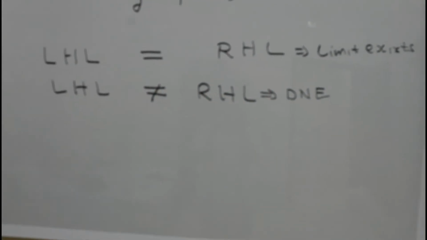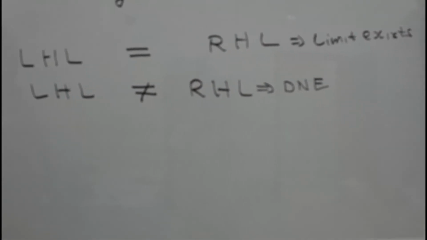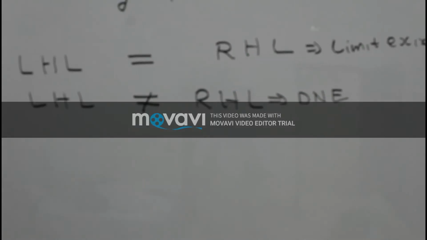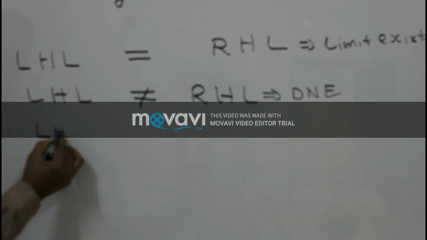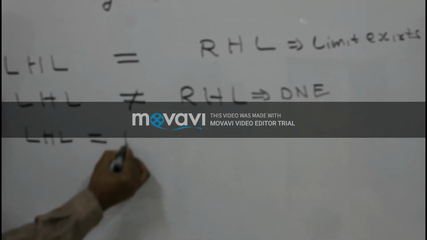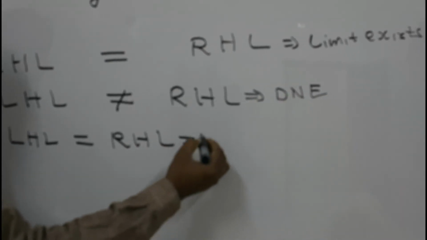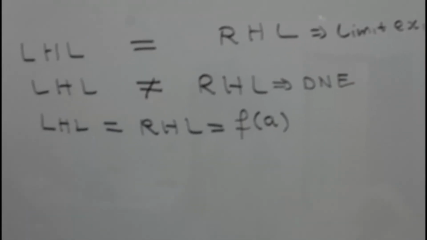Then we will go to an example to evaluate the limits. One more rule is there: left hand limit equals right hand limit equals the functional value, the value of the function.